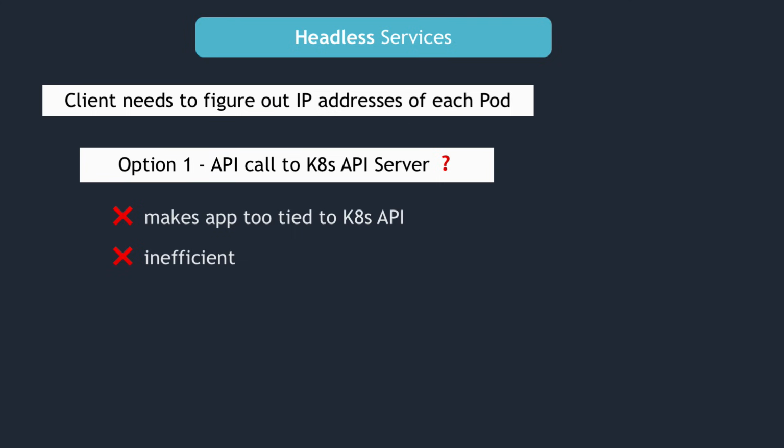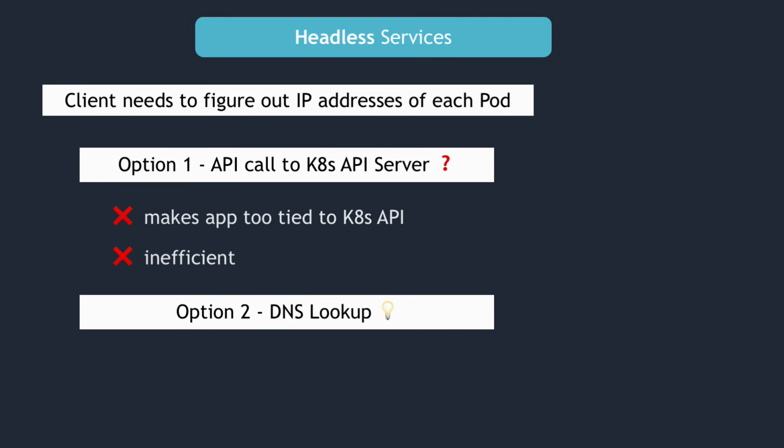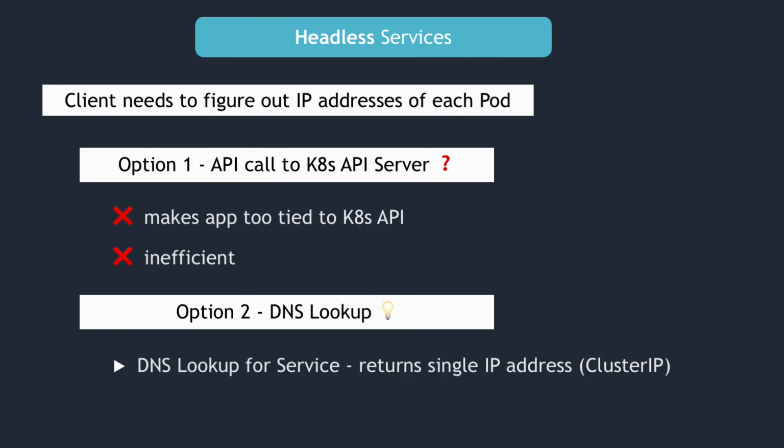But as an alternative solution, Kubernetes allows clients to discover pod IP addresses through DNS lookups. And usually the way it works is that when a client performs a DNS lookup for a service, the DNS server returns a single IP address which belongs to the service. And this will be the service's cluster IP address, which we saw previously.